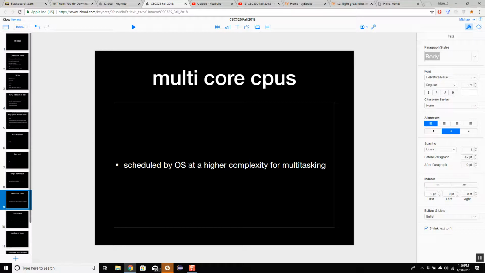So if you have a dual core processor, you don't get twice the performance. It's a diminishing returns type thing. You get 1.8 times the performance, that kind of stuff, because the more overhead you have for scheduling for these different things, the worse it is.